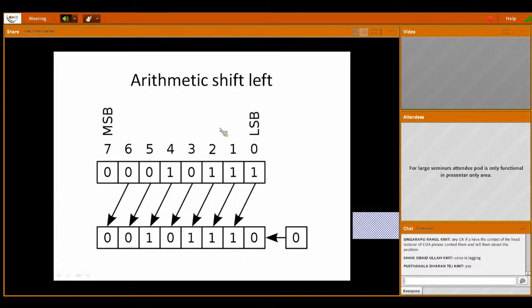So, whenever I perform an arithmetic shift left operation, what happens if the sign is different? Let us assume the original content contains a 0 at the MSB position, which indicates a positive number. When you apply a shift left operation, if the resultant also has a 0 at the MSB, the result is a positive number.